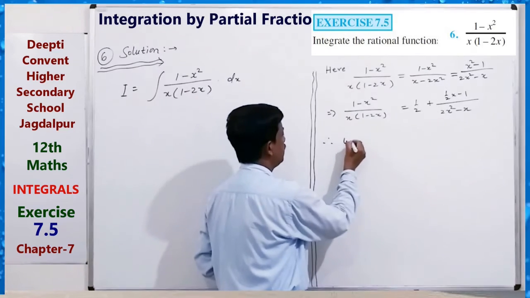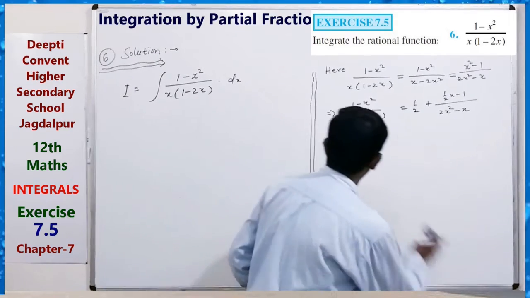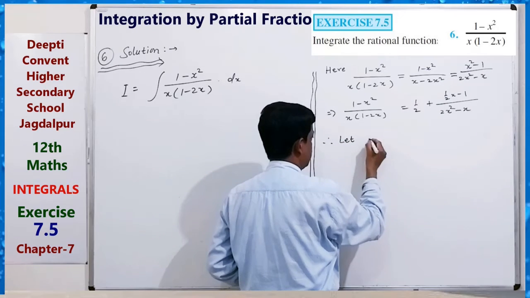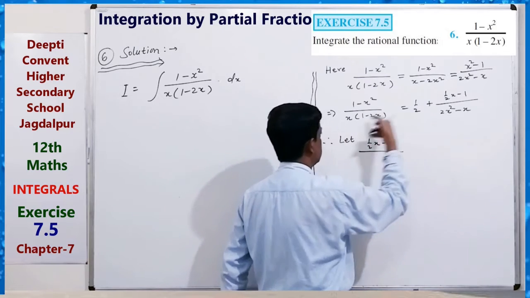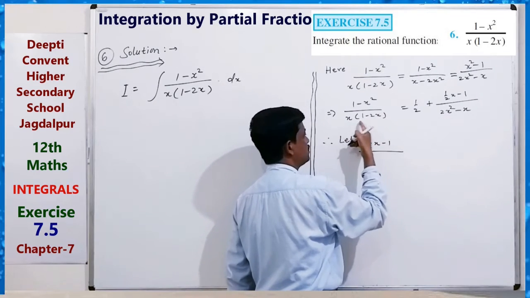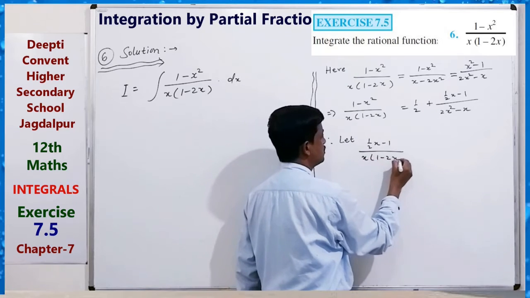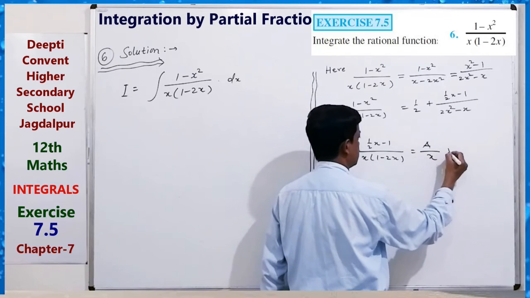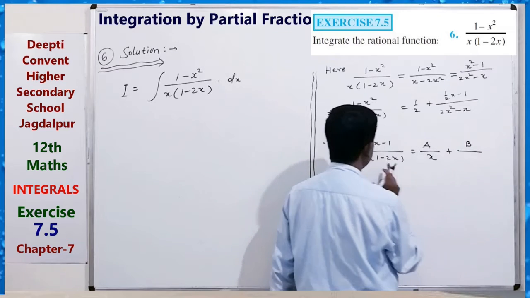Therefore, let only this part, half x minus 1 linear factor upon second degree factor, x(1 minus 2x), equal what? A upon the first factor x plus B upon the second factor.